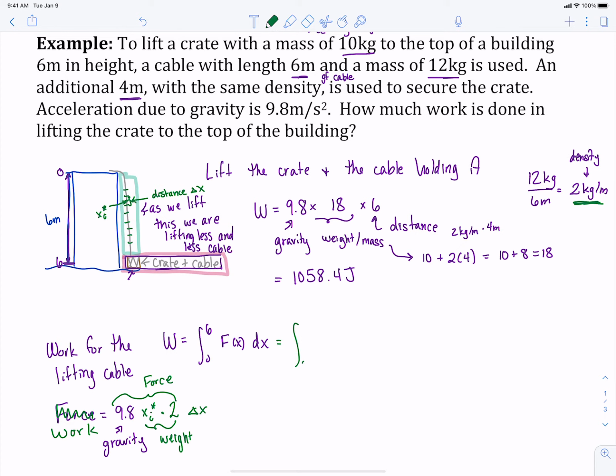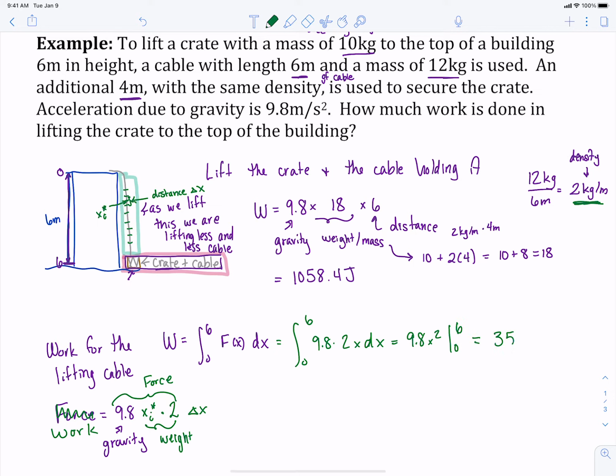And so this sets up our integral for us, that it's going to be 9.8 times 2x dx. And again, this is something that we can do. We've done all sorts of integrals like this before. We actually get 9.8 times x squared, because we end up dividing by 2, from 0 to 6.